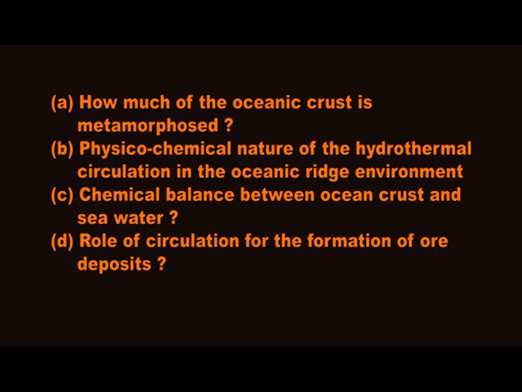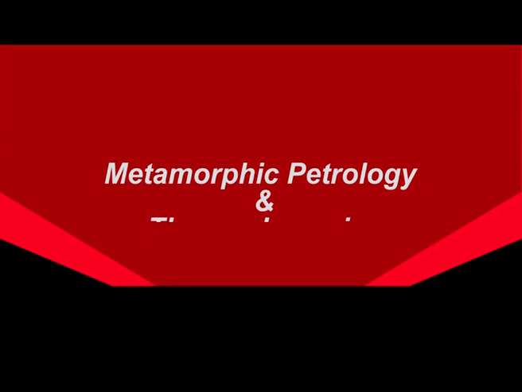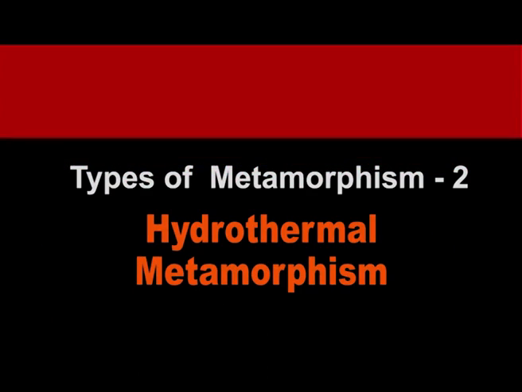Second, the physicochemical nature of the hydrothermal circulation in the oceanic ridge environment. Third, the chemical balance between oceanic crust and seawater. Fourth, the role of circulation in the formation of ore deposits.